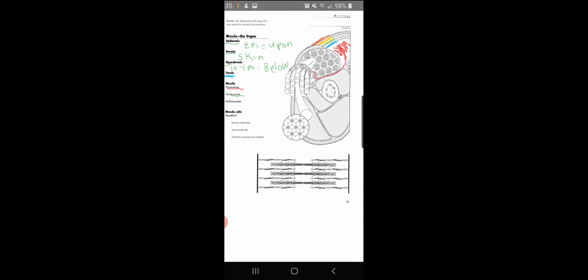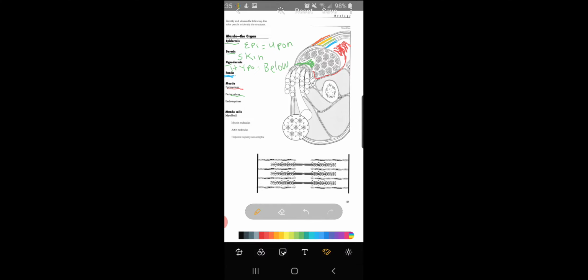It's like a little tube that we call perimysium. It bundles together a bunch of individual muscle cells, and a bunch of these bundles would create your muscle belly, which is surrounded by the epimysium.